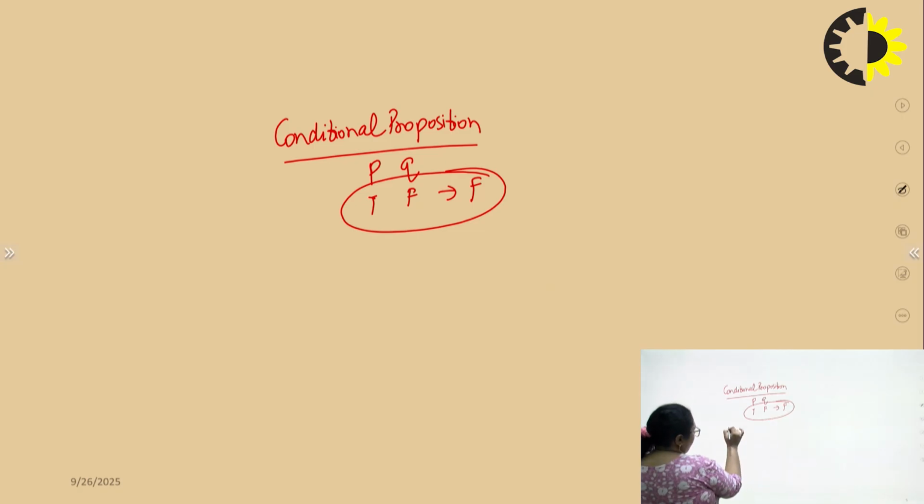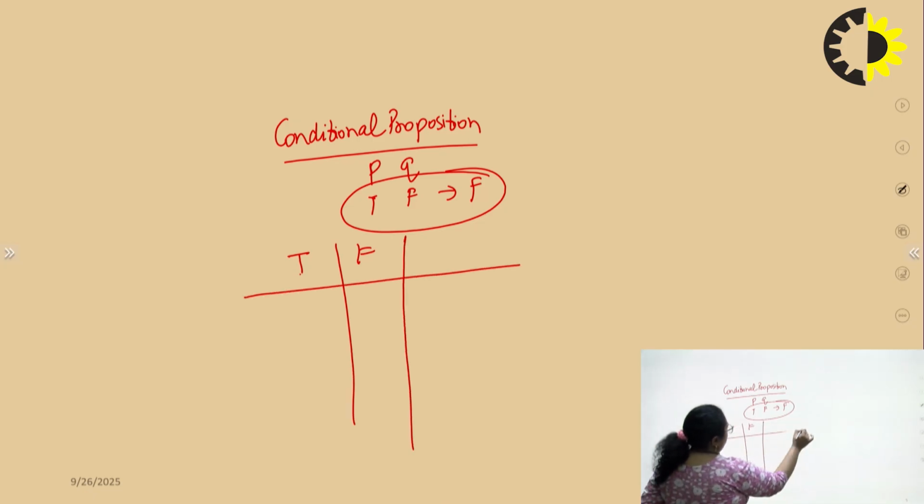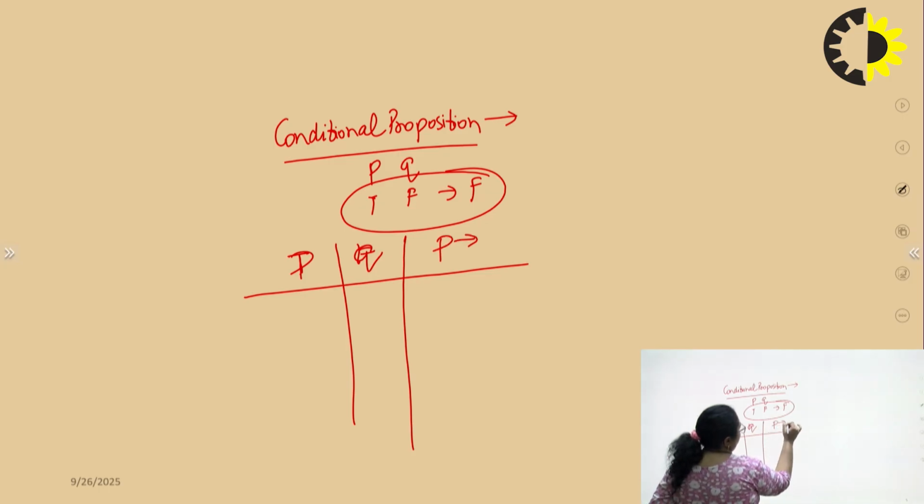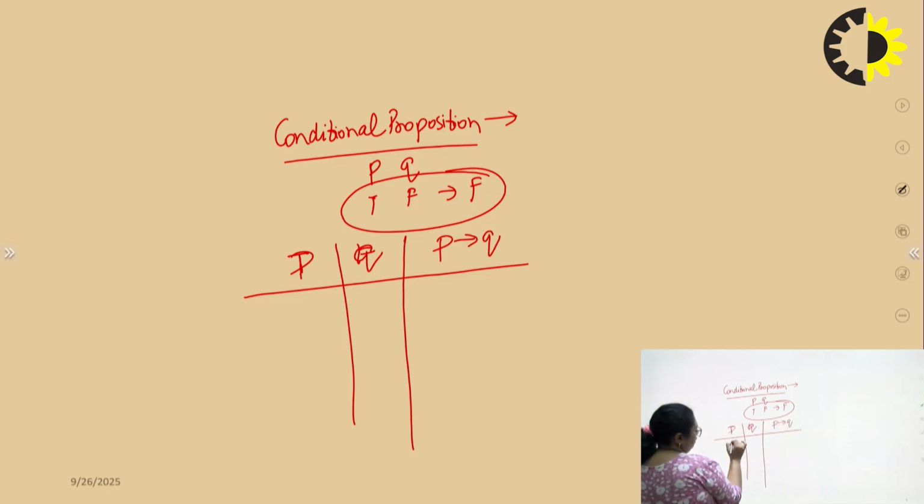Now make a truth table for this. It is denoted by the arrow sign. So we have proposition P, proposition Q, and the conditional P conditional Q. Again we will have four cases: true, true, true, false, false, true, and false, false.